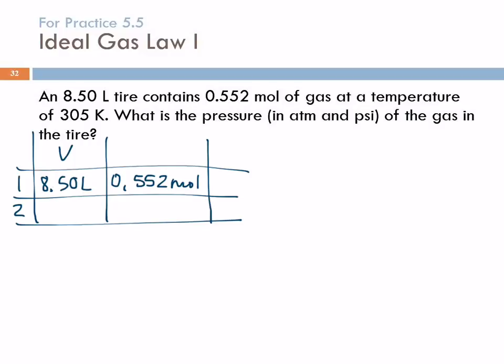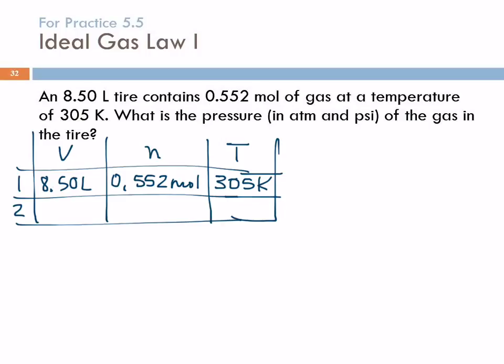What letter in the gas laws goes with moles? N. I know some of you want it to be M, but there is no M. Temperature of 305 Kelvin. Oh, nice. They gave it to us in Kelvin. We don't have to convert it. That's the temperature. They even said it was a temperature. We ran out of numbers.